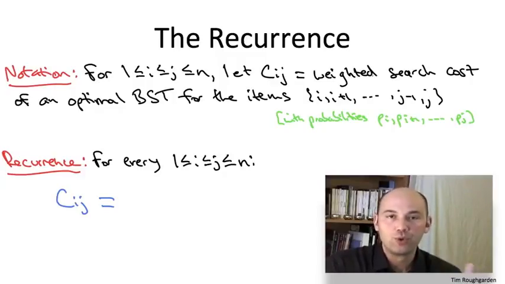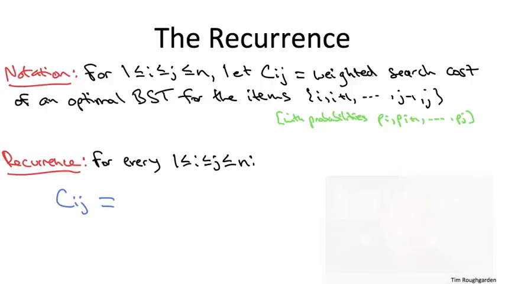Now, we don't know what the root is. There's j minus i plus 1 possibilities. It could be anything between i and j inclusive. So as usual, we're just going to do brute force search over the relatively small set of candidates that we've identified. So brute force search we encode by just explicitly having a minimum.